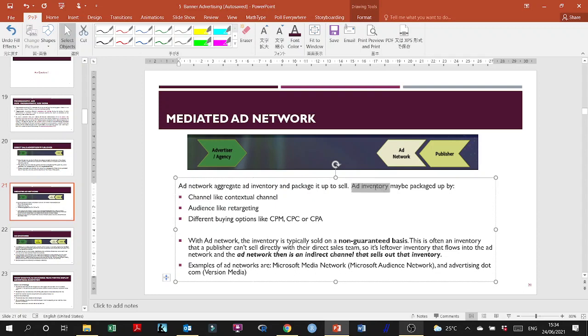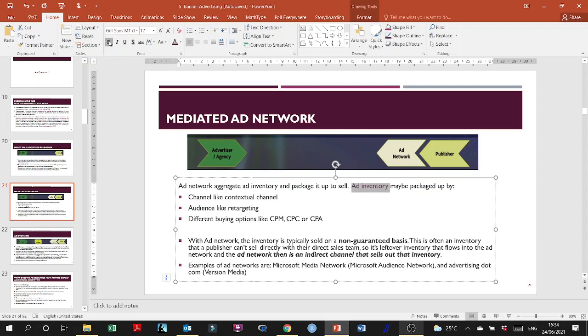Here, an ad inventory is not the ad creatives. Here, an ad inventory is actually the ad space, the placeholders, the space on the publisher's sites. So they aggregate and package it, or segment it or group it into, for example, channels like contextual, or audience like retargeting, or you can group it based on the payment, either cost per mille, cost per click, or cost per action.